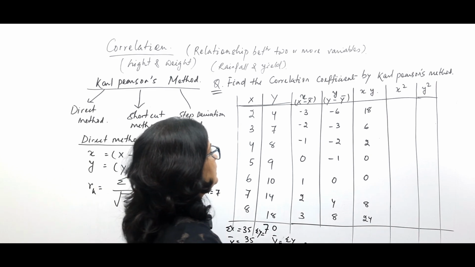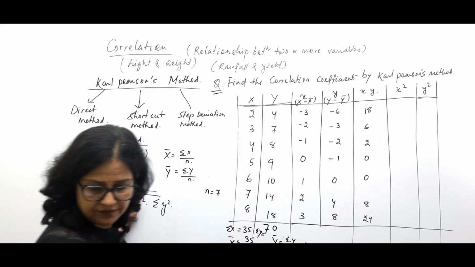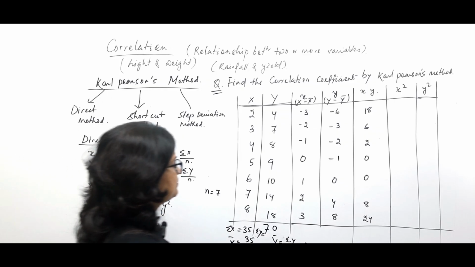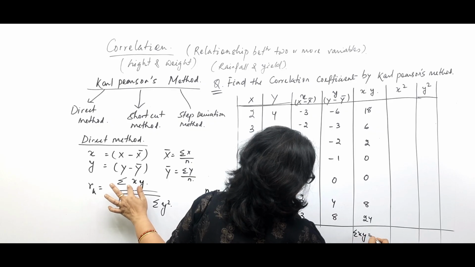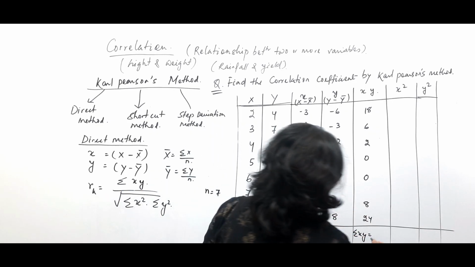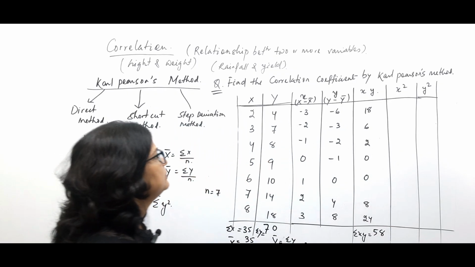Now we calculate x square. We need to calculate sigma of xy. So sigma of xy equals 58. Now we calculate x square and y square.